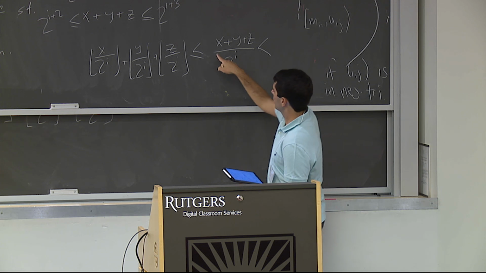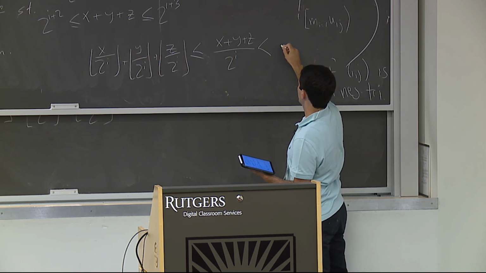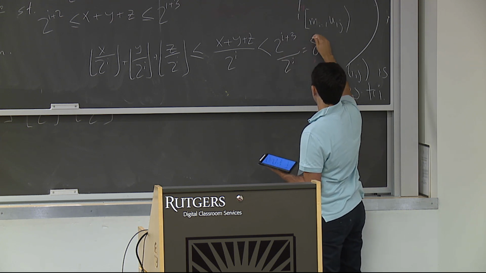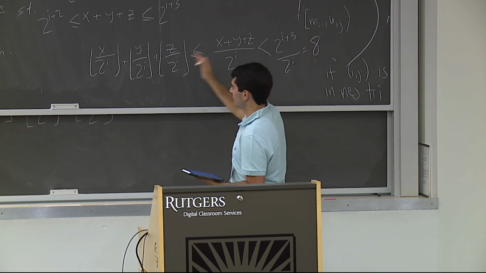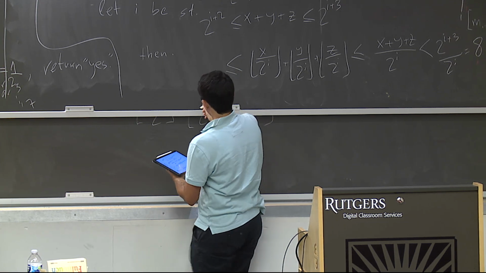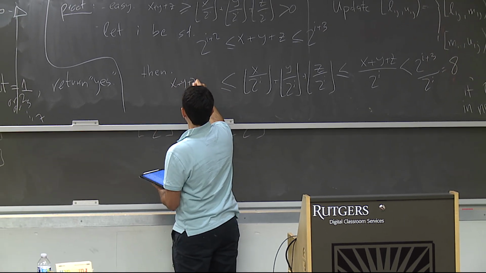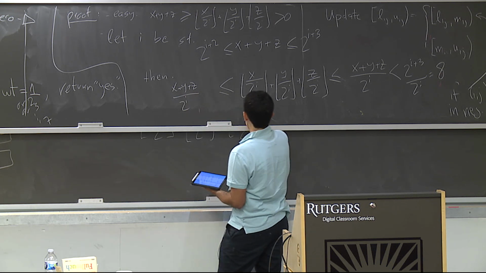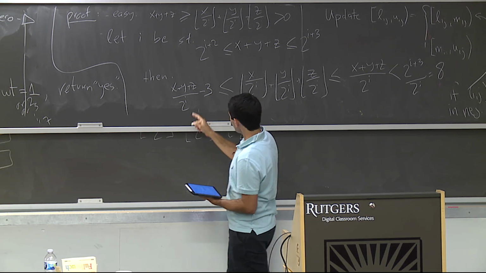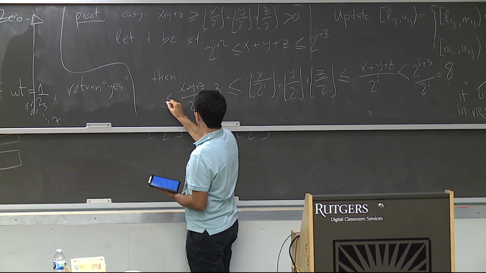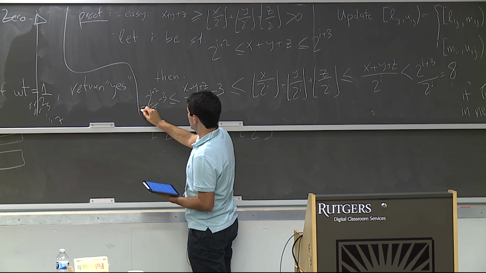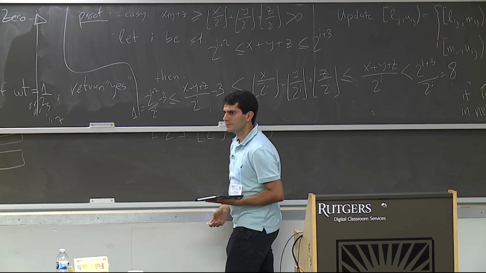But then this is more than 2 to the I plus 2, less than 2 to the I plus 3. So this is less than 2 to the I plus 3 over 2 to the I, which is 8, and that's where the 7 is coming from. So this will be less than 8, so at most 7. And then this is at least the expression without the floors, but pessimistically, each time you take the floor, you get a -1. It's -3. And then this is at least 2 to the I plus 2. And this is 1. That's the proof.